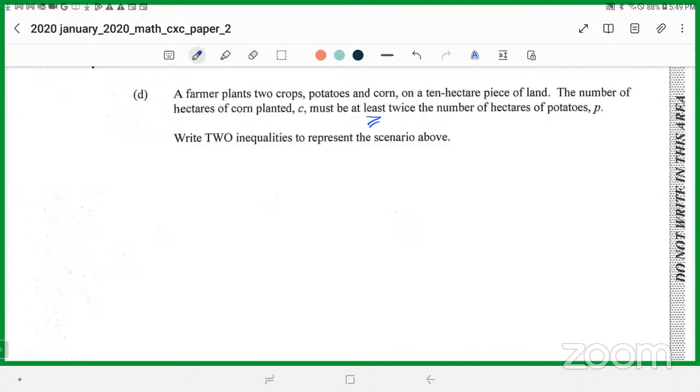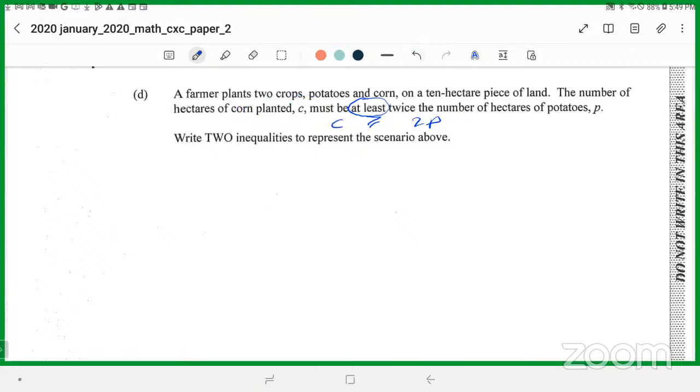If you must have at least $10 to buy something, it means you must have $10 or more. Must have at least twice the number of acres of potato, which is P. Twice the number is 2P. Number of acres of corn is C.